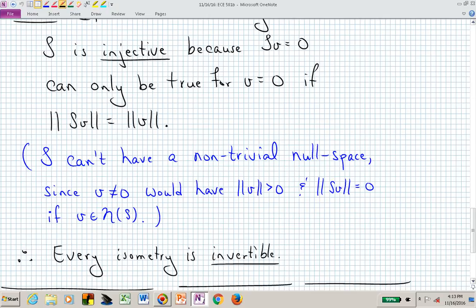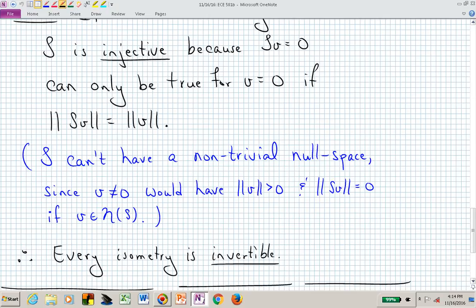Injective has an N. It's dealing with the null space. It's saying we have a trivial null space if it's injective, which means the only vector that produces the 0 vector when we map it through our map S, in this case, would be the 0 vector itself.